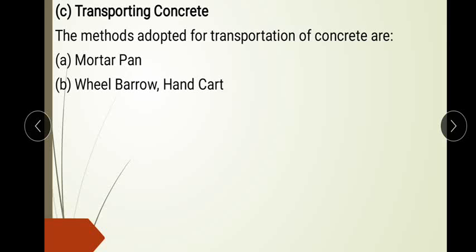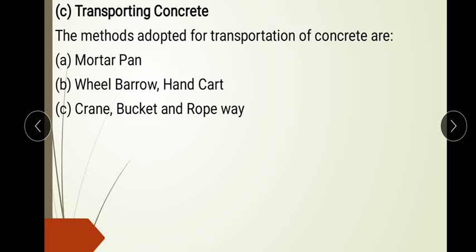Or we can use wheelbarrows or hand carts, to transport the mixed concrete to the existing position, or through crane, bucket or ropeway, or using a lift arrangement to transport from one place to another.